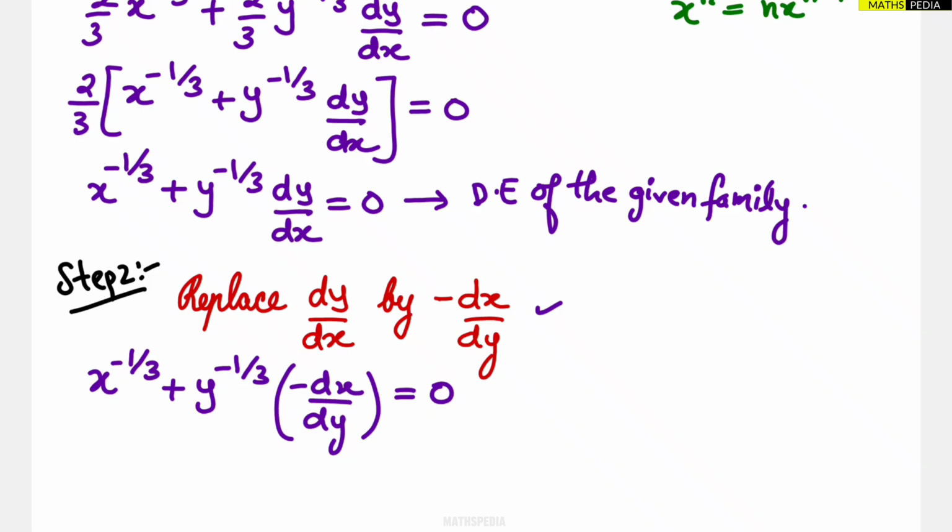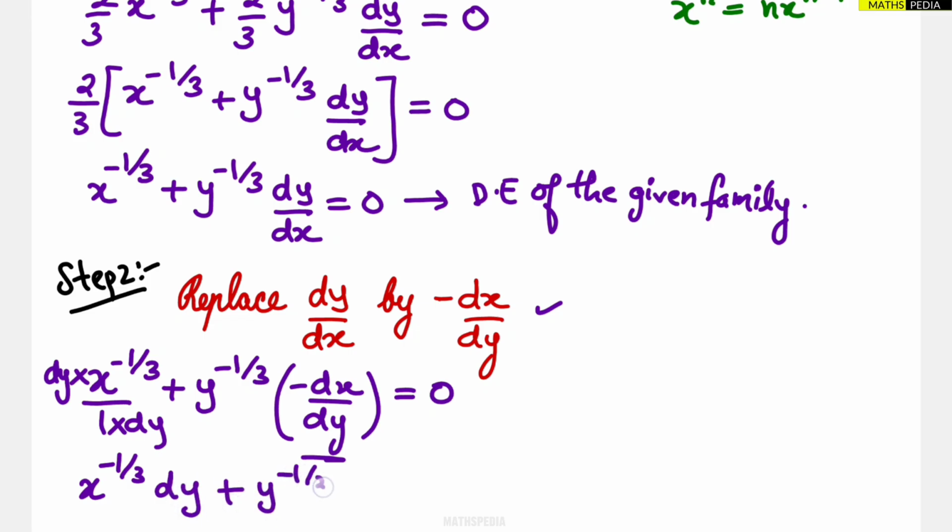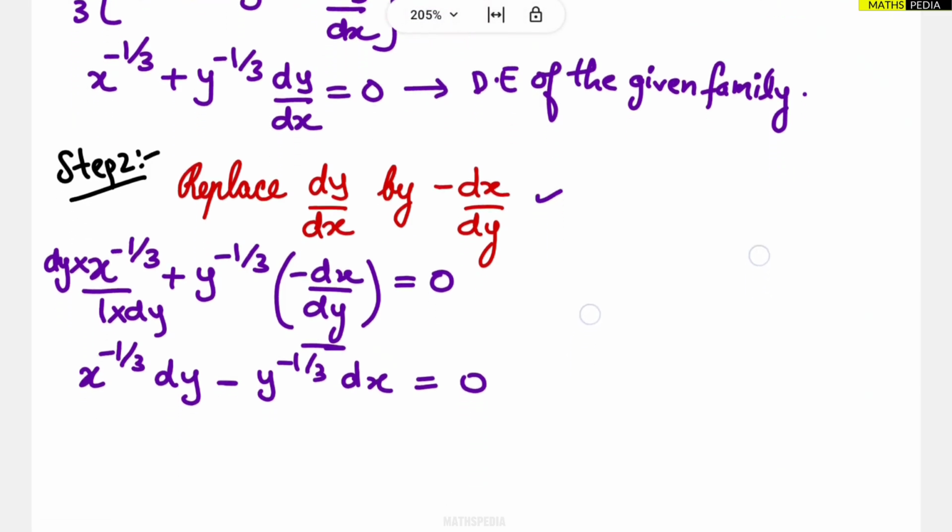Now I can take the LCM, with dy in the denominator, so I multiply by dy. What happens? x power minus 1 by 3 into dy plus y power minus 1 by 3 into dx, with the minus sign, equal to 0.